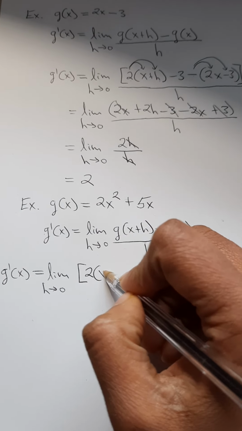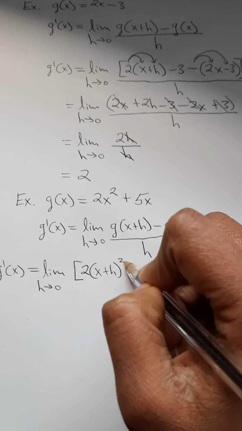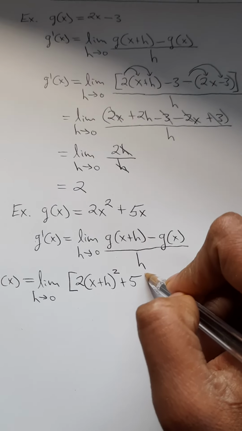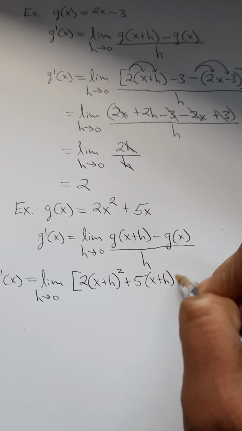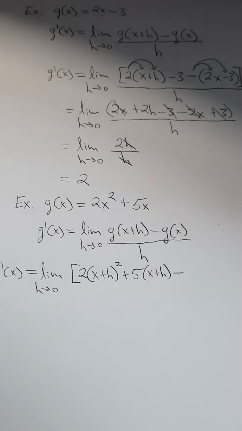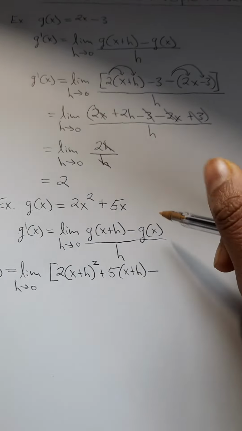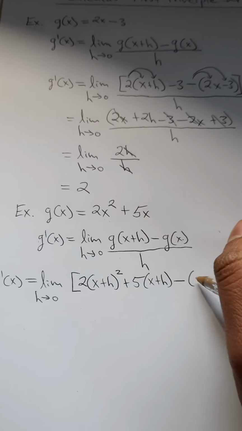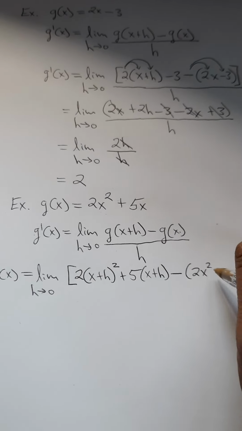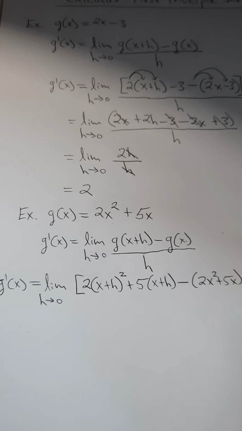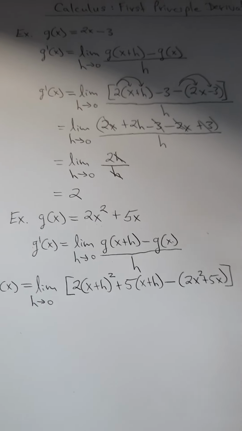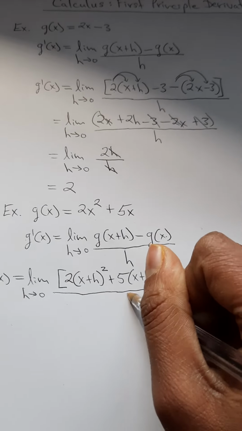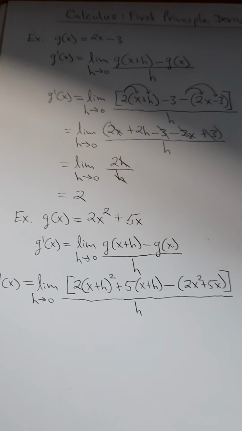So instead of the x, we're writing x plus h squared plus 5 times x plus h. Close the bracket there. Minus, it says g of x. So you're basically subtracting this, but I want to put it inside the brackets. So I have 2x squared plus 5x. Close the square bracket. And the whole thing is over h.